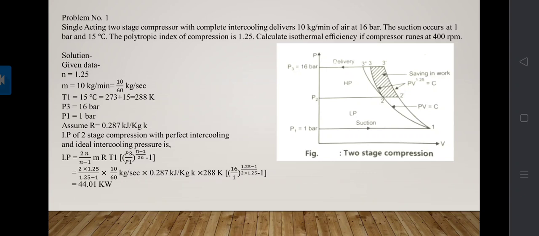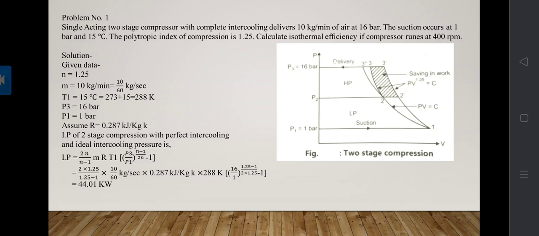To calculate the indicated power, the formula is IP is equal to 2n divided by n minus 1, times m R T1, times the bracket of P3 upon P1 raised to n minus 1 divided by 2n, minus 1, bracket complete. In this formula we put the values: small n, the polytropic index, is already given as 1.25. m is the mass of air, already converted to kg per second, that is 10 divided by 60.